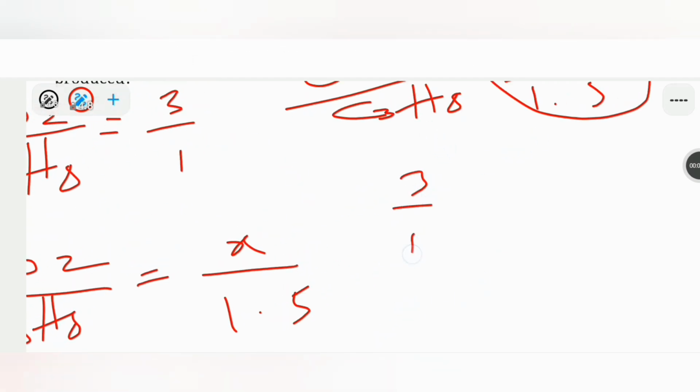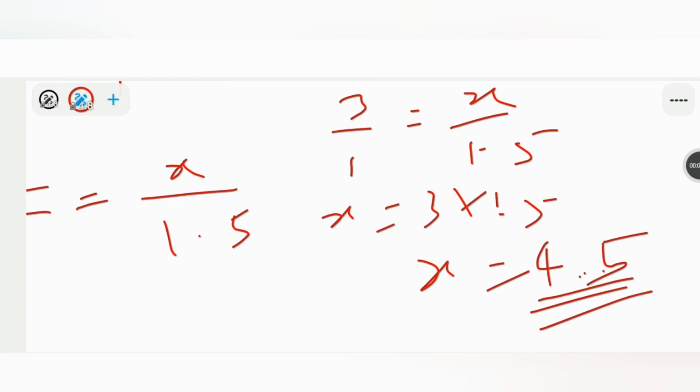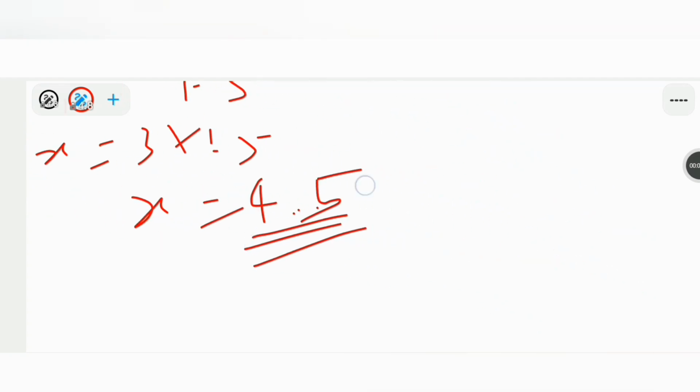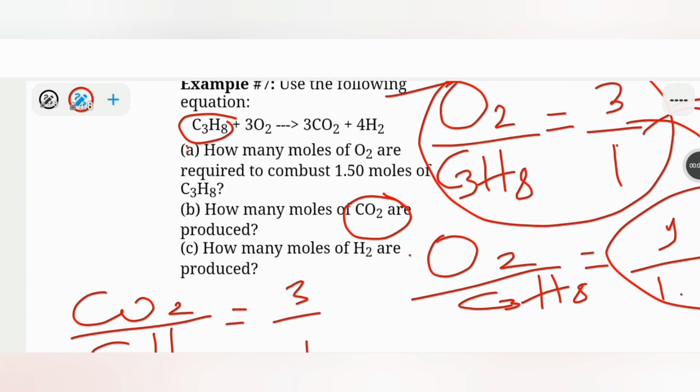We get 3 over 1 equals X over 1.5. X equals 3 times 1.5. Then X is equal to 4.5. That's the answer, 4.5 moles. So 4.5 moles of CO2 are produced. So the two of them are the same answer.